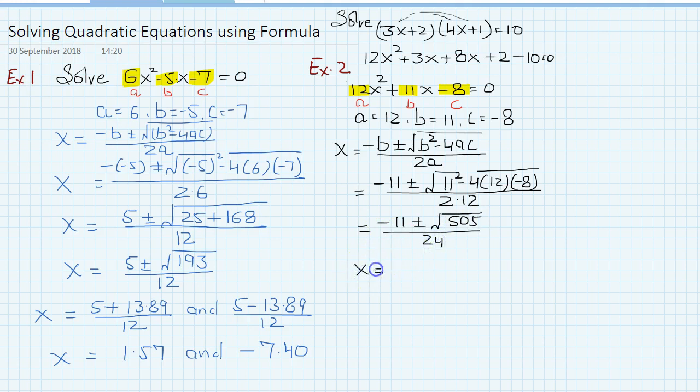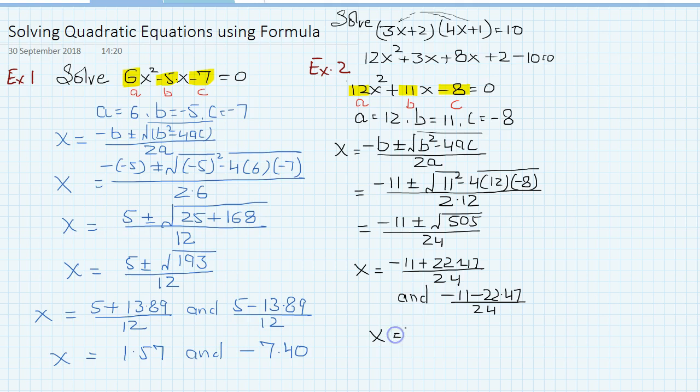So x is equal to minus 11 plus root 505, which is 22.47, divided by 24, and minus 11 minus 22.47 divided by 24.